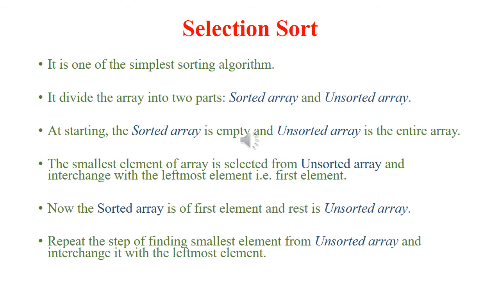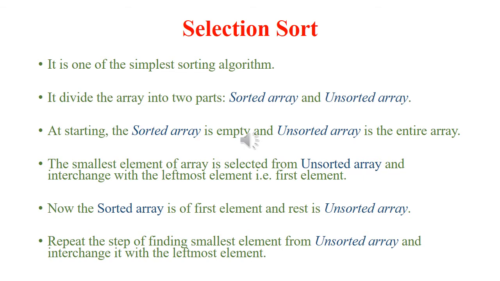Next, we repeat the step of finding the smallest element from the unsorted array. Again we find the smallest element from the unsorted array and swap it, or interchange it, with the leftmost element. After the first iteration, the sorted array has the first element and the unsorted array is from the second element to the last element.